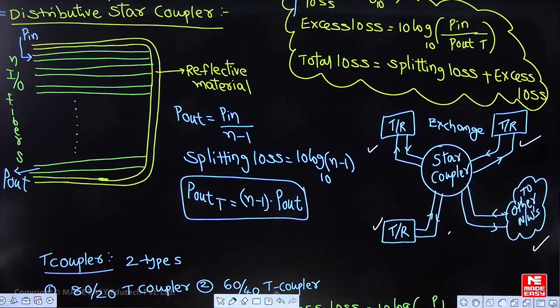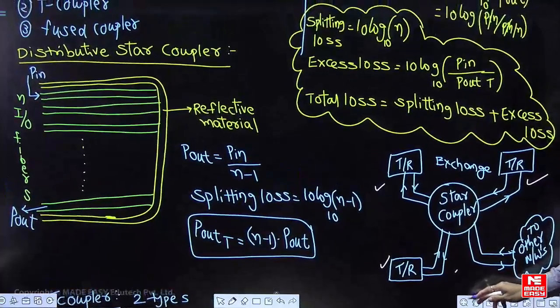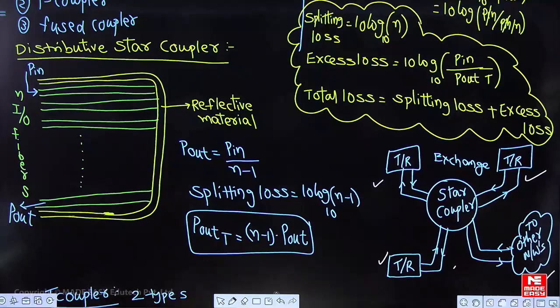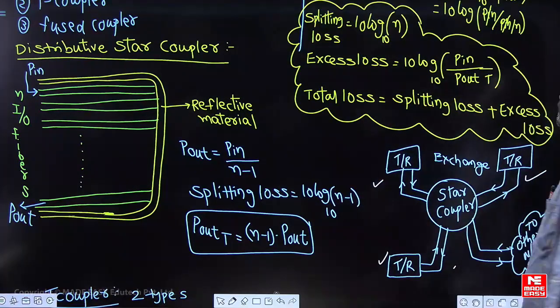I hope everybody in the class understood this. So, this is about the star coupler. Students are asking about this diagram, so I show it once again. If anybody is still copying, please copy this part. It is a practical connectivity, how the star coupler has to be done.